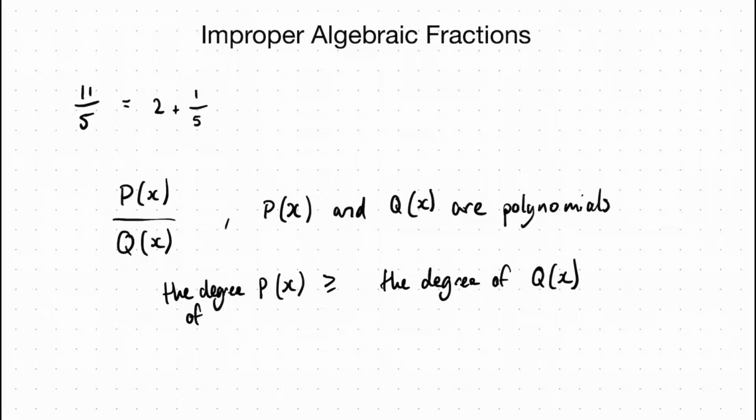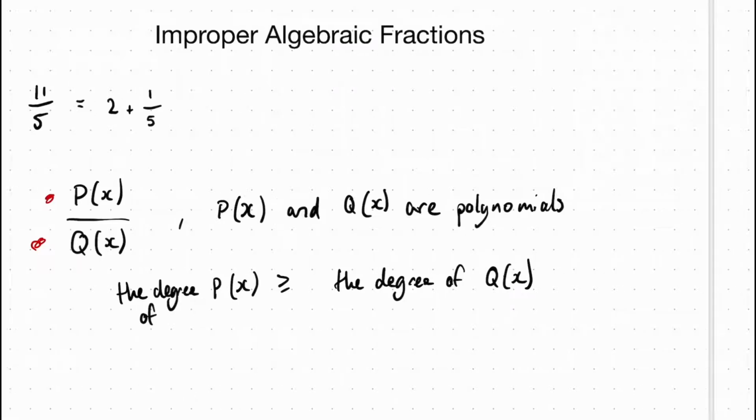What that means in practice is that the highest power on top has to be greater than or equal to the highest power on the bottom. You can't have a higher power on the bottom than on the top. Let's have a look at an example.